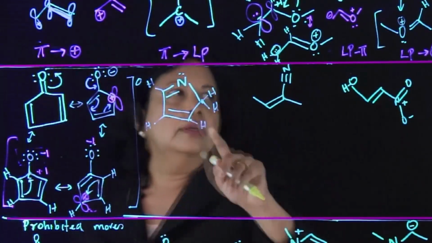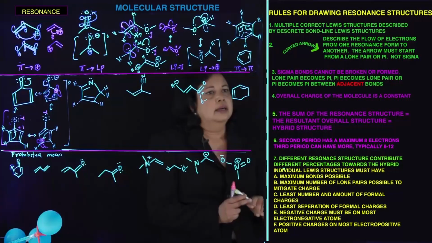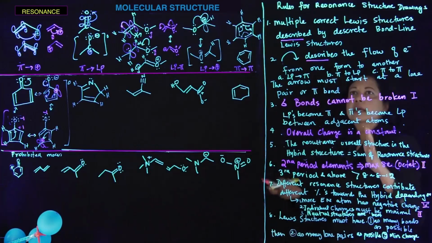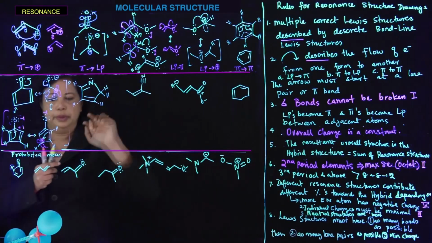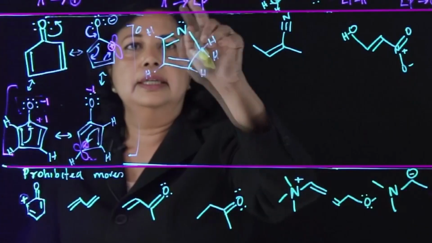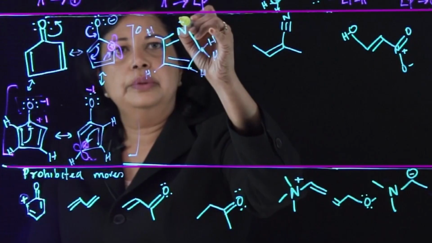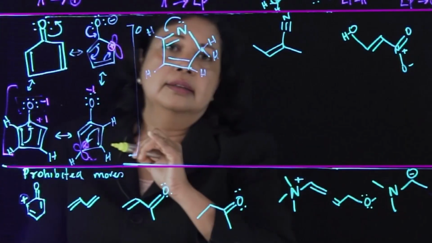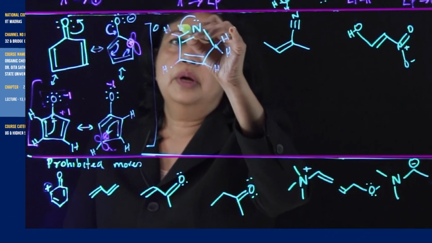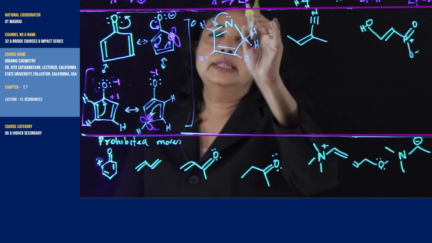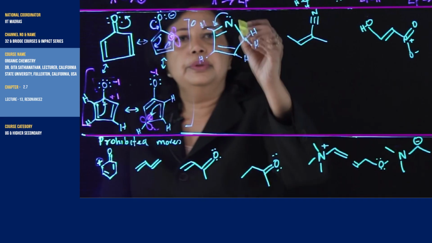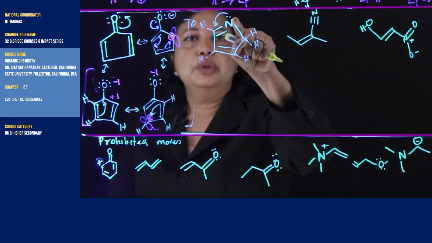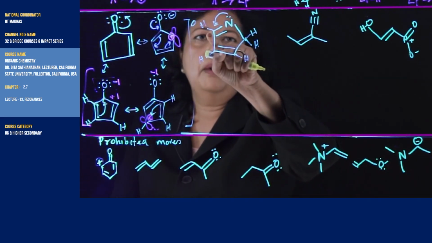First of all, it says here, start from some place that's negative or that's a lone pair, and then move towards the others, which is why I'm trying to start here. So should we do this? Well, again, same problem. You cannot do this and do this at the same time, because that's going to give you the same bond. So if you do this, you're going from an electronegative to a more electropositive.